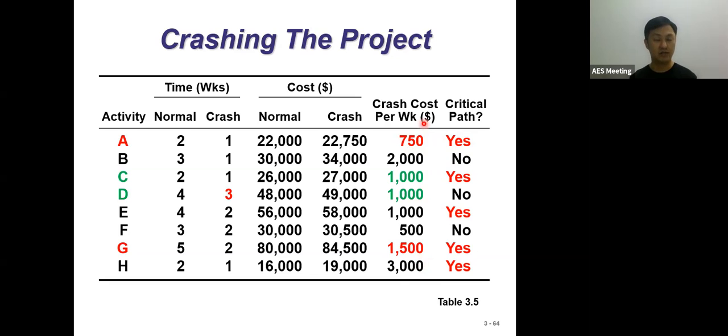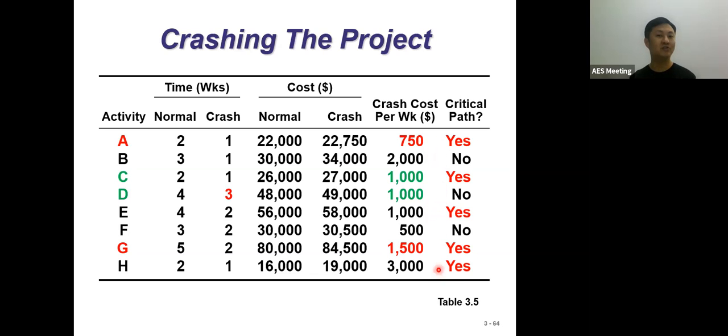So when we crash from 15 weeks to 14 weeks, which activity should you select? Activity A at 750, because it is the lowest crash cost per week compared to activity C at 1,000, activity E at 1,000, activity G at 1,005, and activity H at 3,000. That makes the difference between these.